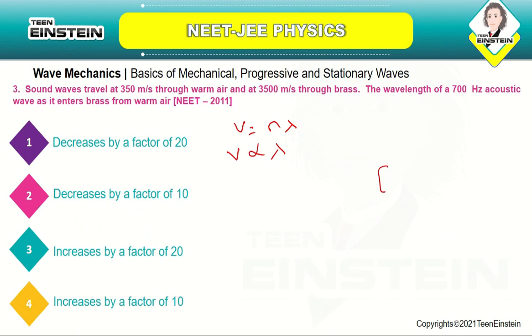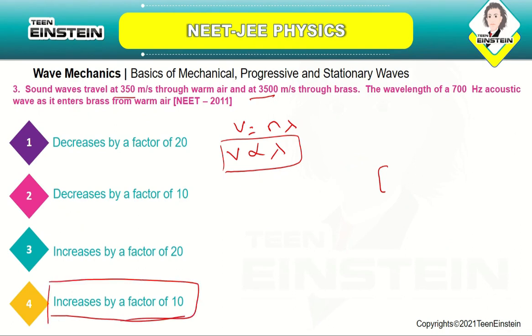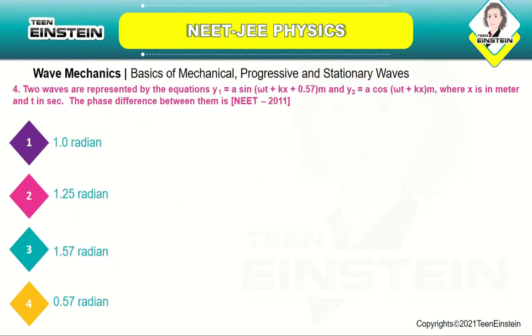Because you can see the sound wave is 350 through warm air, and when it is traveling through brass it is 3500. So it is around 10 times increasing. As you can see from this equation, V is directly proportional to lambda. So when V is increasing 10 times, lambda will also increase by a factor of 10. So the correct answer is option number 4. Let us now move on to the next question.